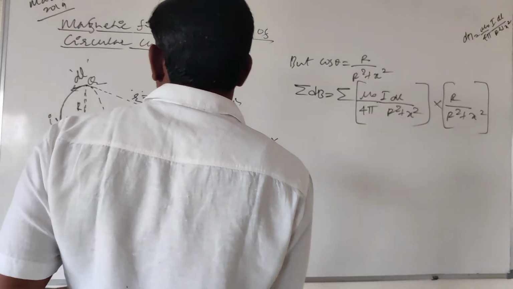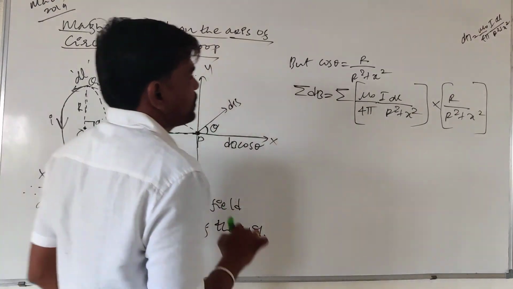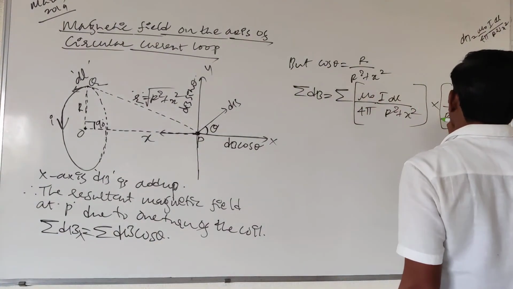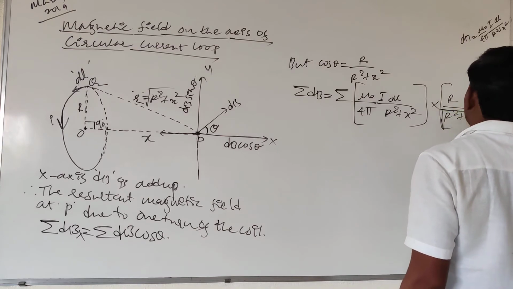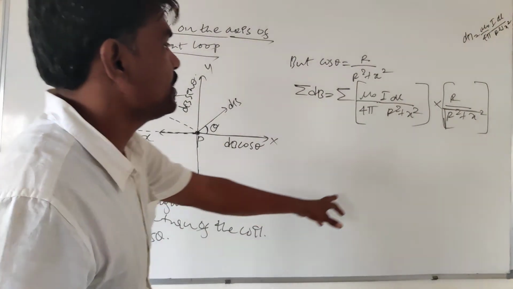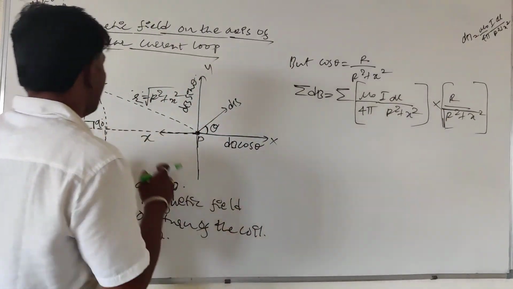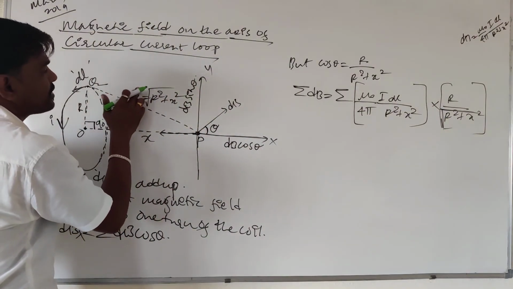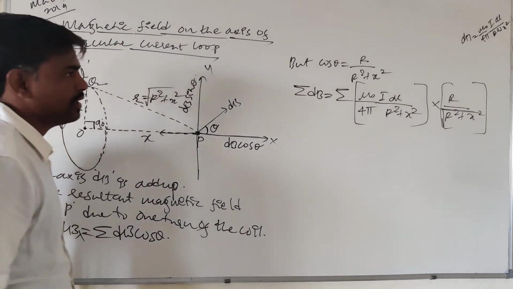Here this one is under square root, because here r square is there, and if I remove this square, it means right.